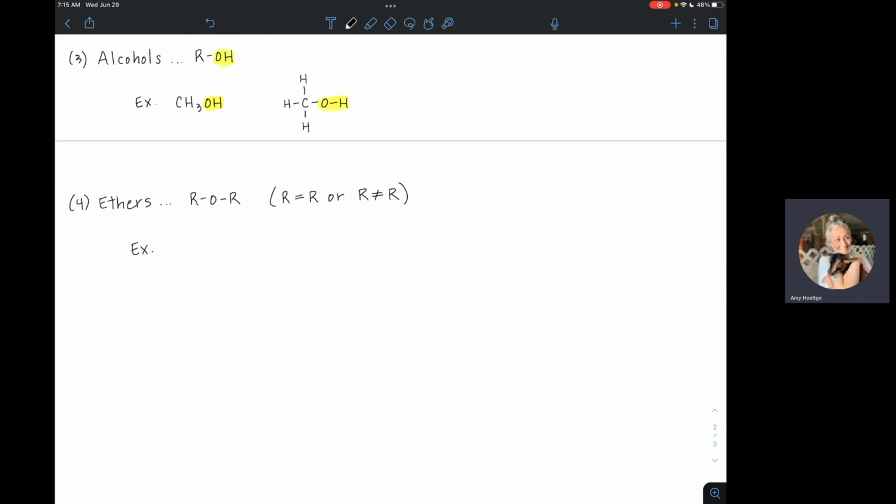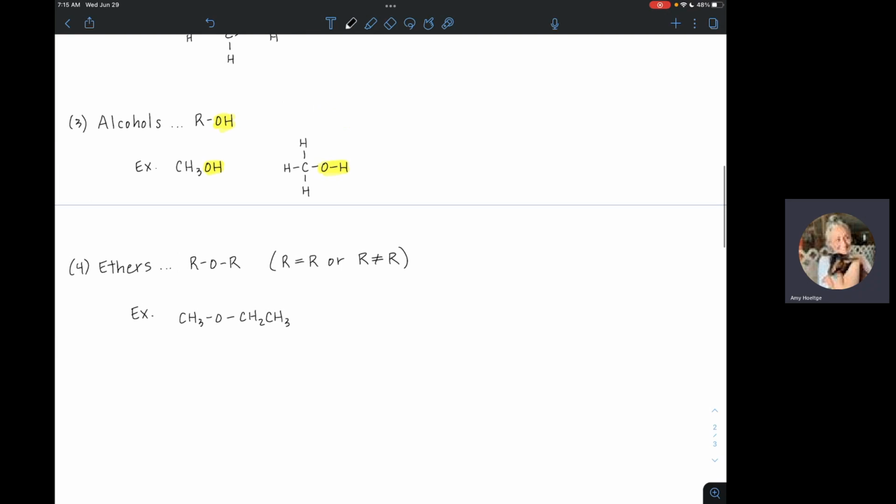So for example, if I want to draw an ether where I've got two different R groups. R is just, again, rest of molecule. So if I want to do a methyl group over here, there's the oxygen, and then an ethyl group, eth means two. So two carbons, right? One side has one R group, the other side has another R group.